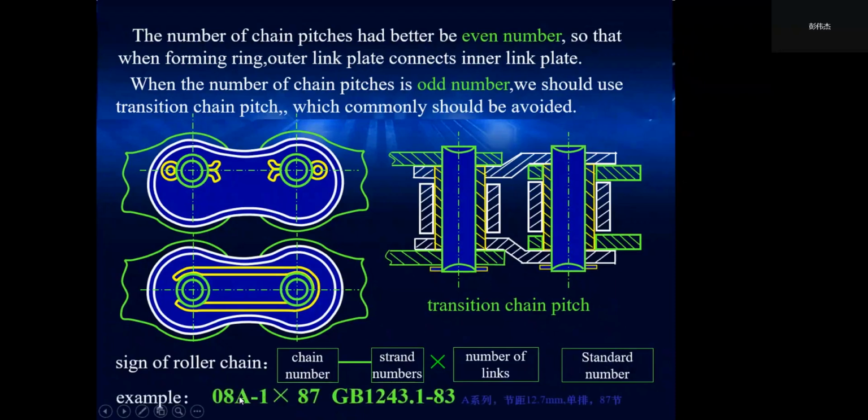For example, this indicates a serial A, single strand chain with a pitch of 12.7 millimeter and 87 links under standard GB.